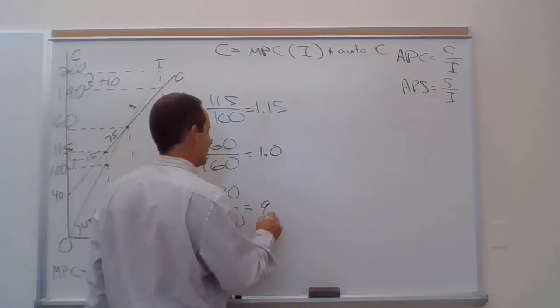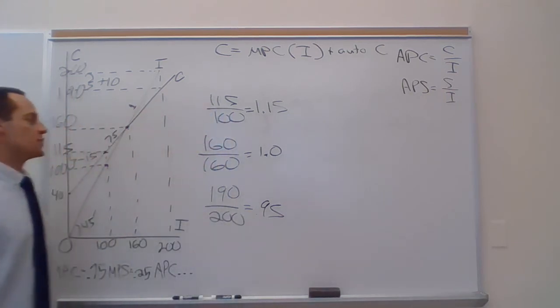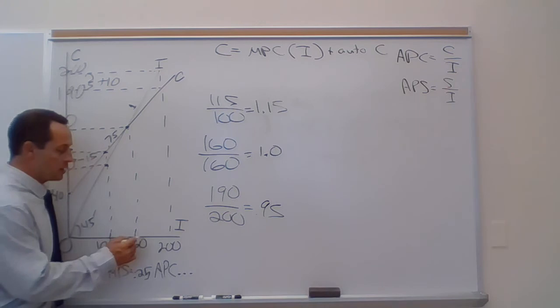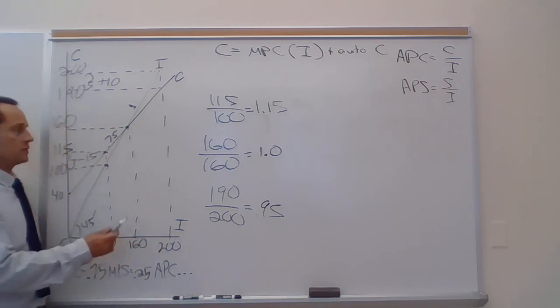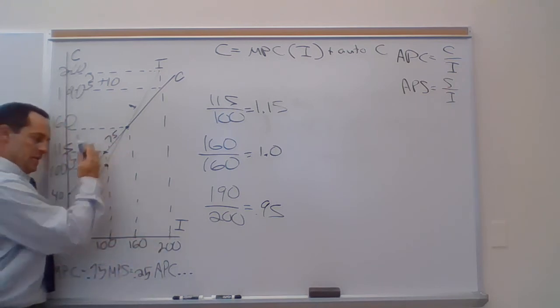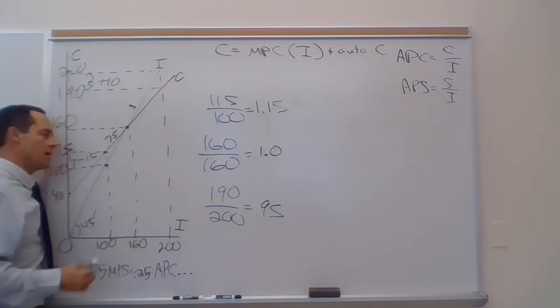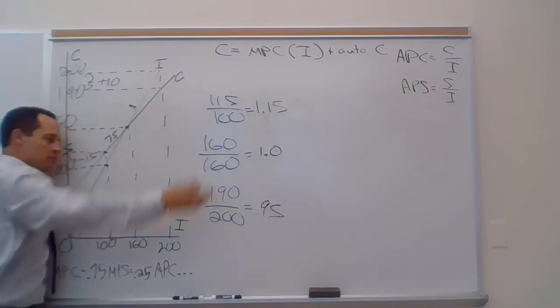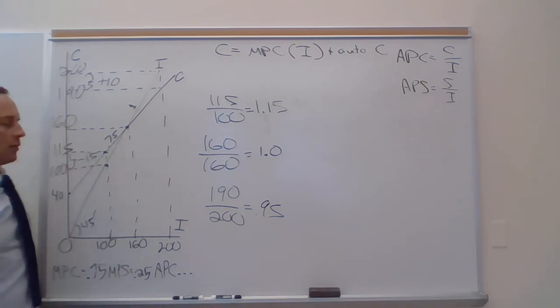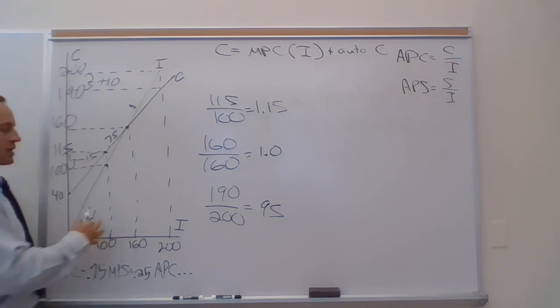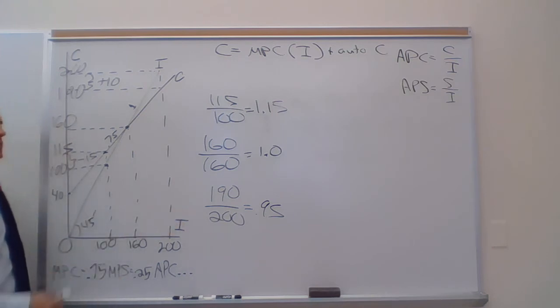So as we see, as our income increases, our APC falls. Anything inside of short-run equilibrium has an APC greater than 1. Anything outside of short-run equilibrium has an APC less than 1. So APC is actually shrinking as the economy becomes busier.